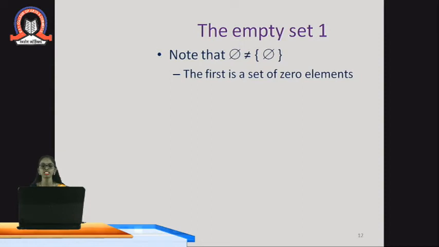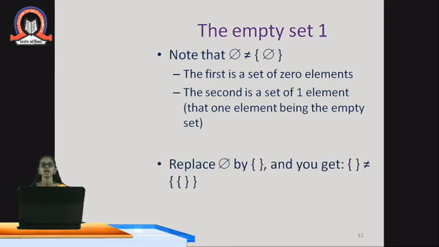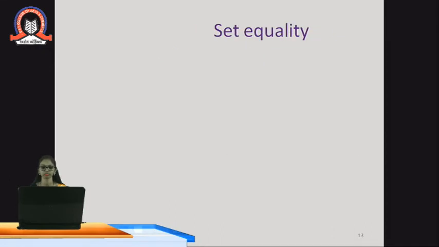Means the first is a set of 0 elements, the second is a set of 1 element, that 1 element being the empty set. Replace phi by the empty curly bracket and you get empty curly bracket is not equal to double empty curly bracket. They all are different. It's easier to see that they are not equal that way.